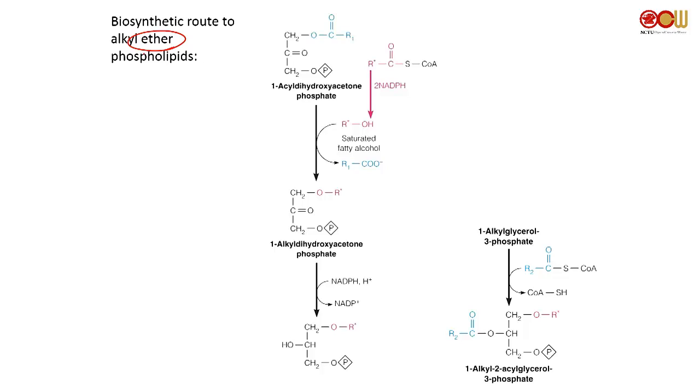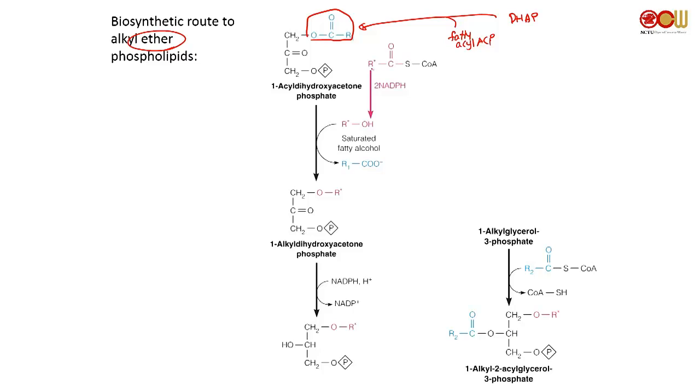What this is: you first make the one-tailed dihydroxyacetone phosphate, so remember you go from DHAP and then you can add one fatty acyl ACP, or CoA, whatever, and it becomes this. Now, interestingly, what you can do is swap it using a fatty alcohol.